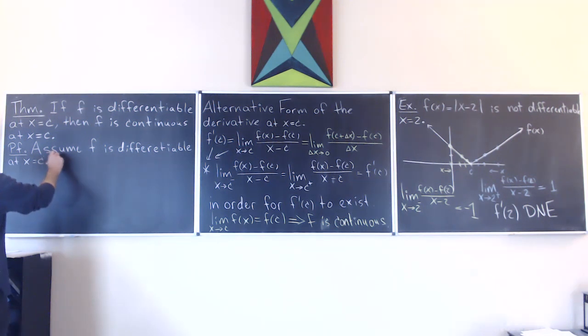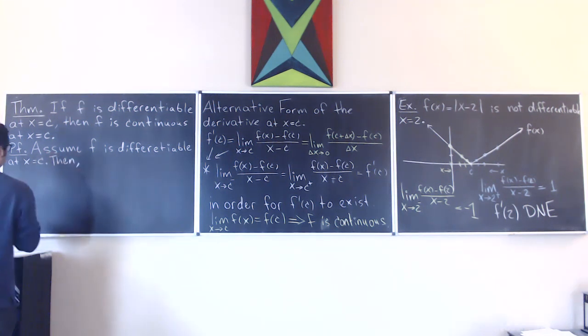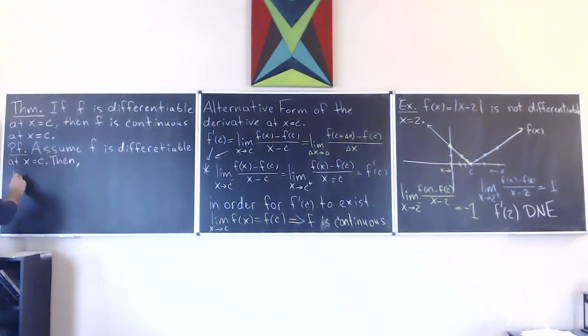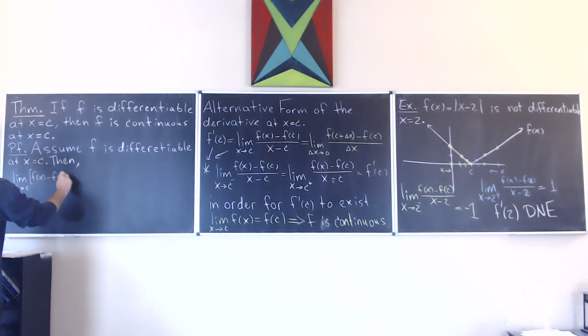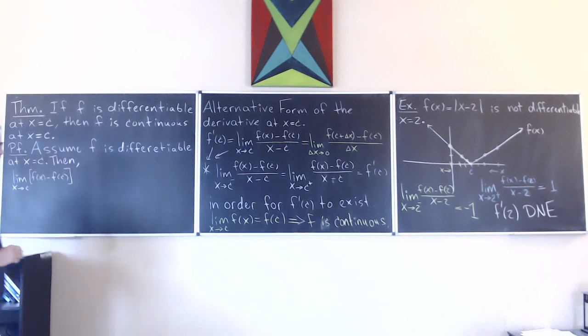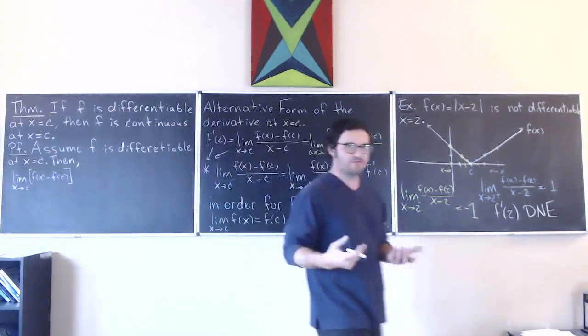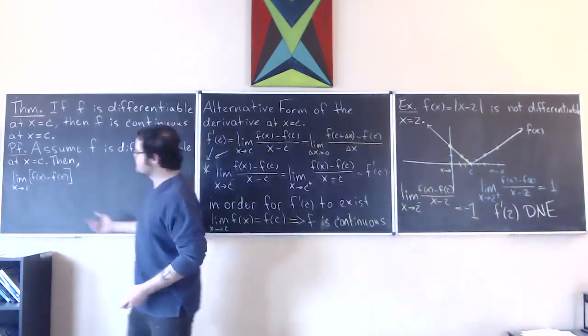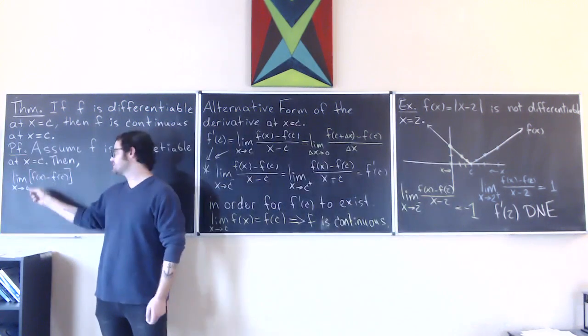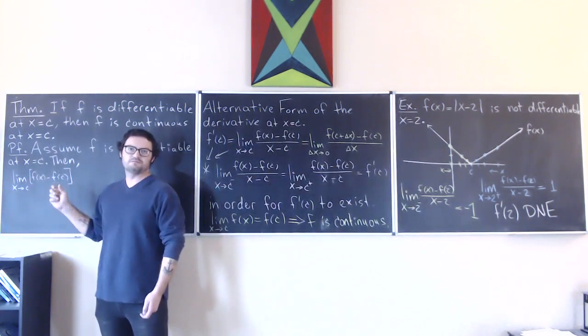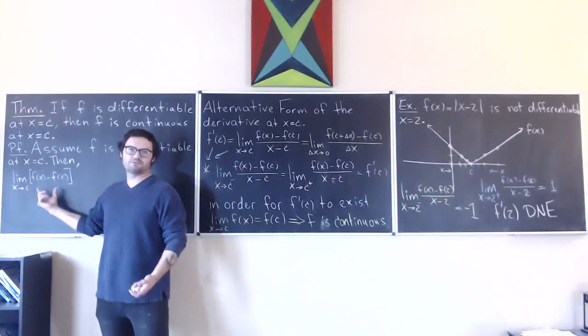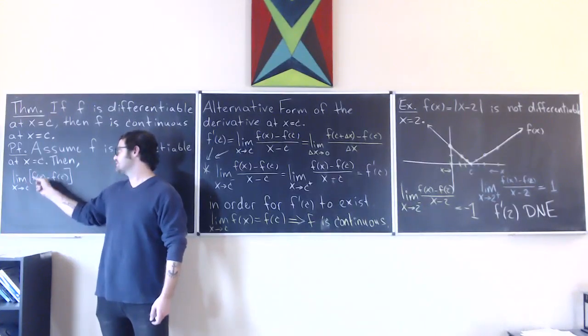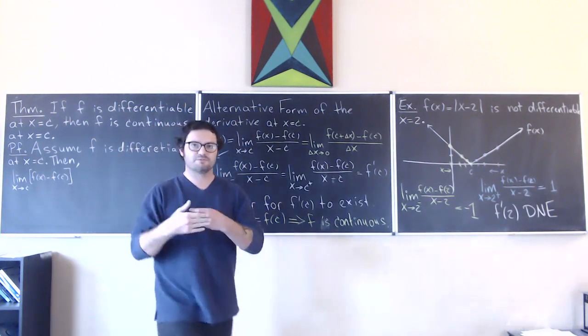So then we look at the limit as x approaches c of f of x minus f of c. Just bear with me on this. If this limit goes to 0, doesn't that converge to that? If this limit ends up being equal to 0, the limit of f of x must equal f of c.